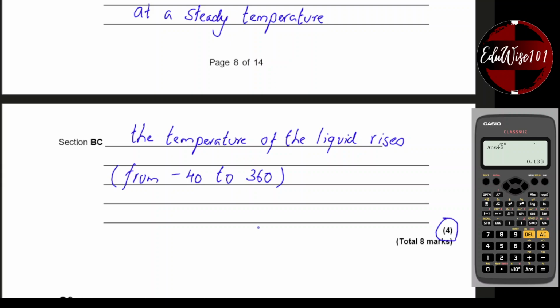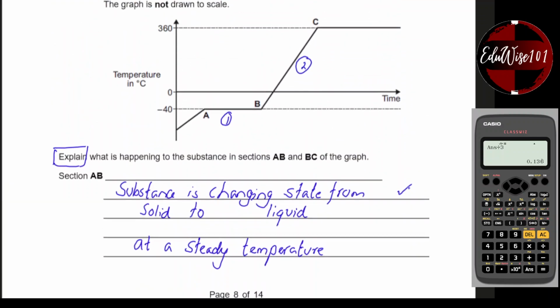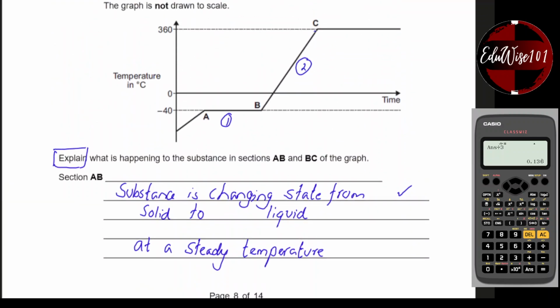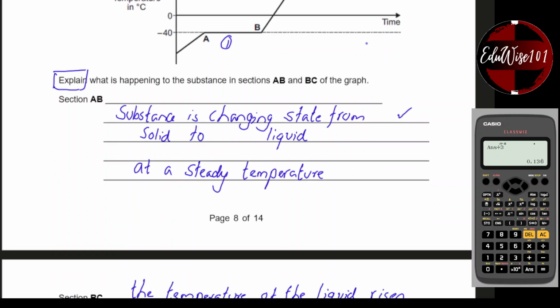So I'm going to put that in brackets, and we can say, because in the graph the temperature is going up all the way up to 360 and it's remaining the same. So here, this is when it's actually gone from a liquid to a gas. So it's actually evaporating here at this point, right?